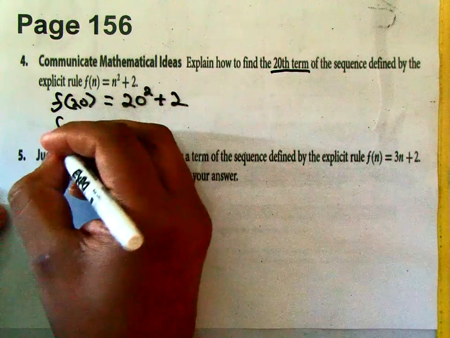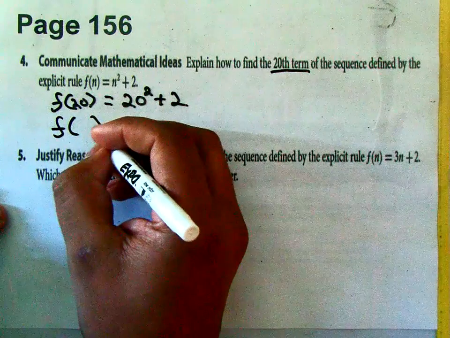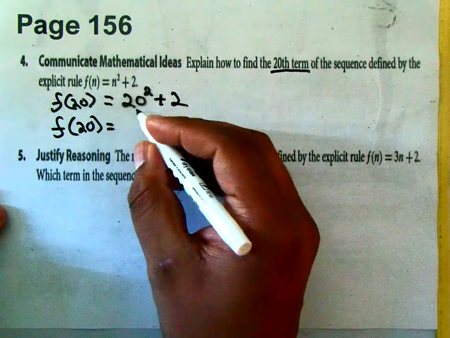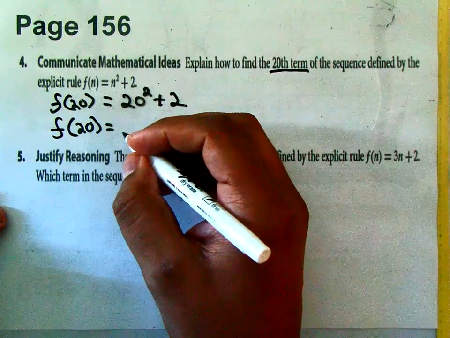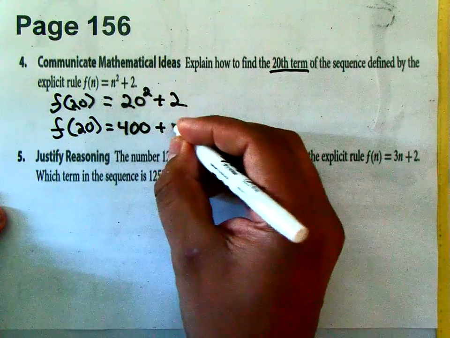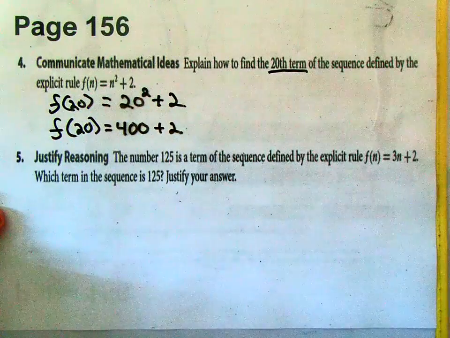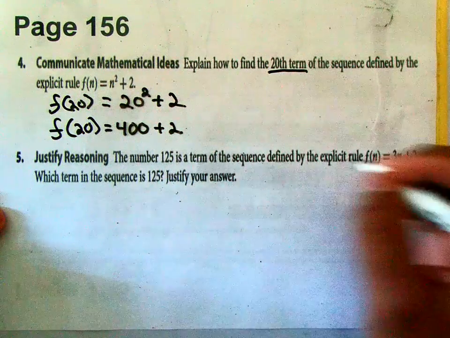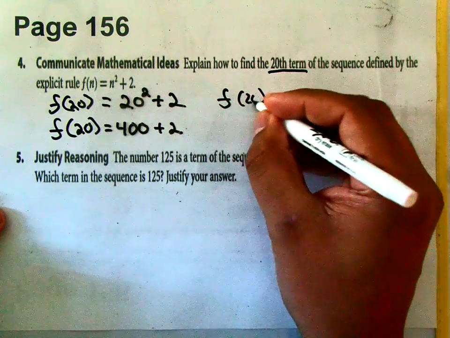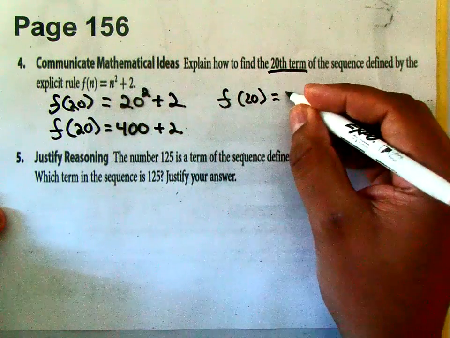So now f of 20 is equal to 400 plus 2. So that means f of 20 is equal to 402.